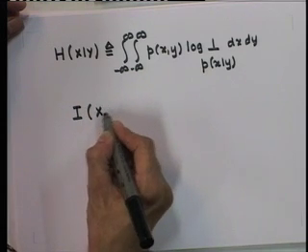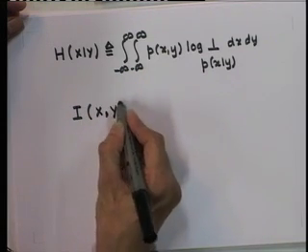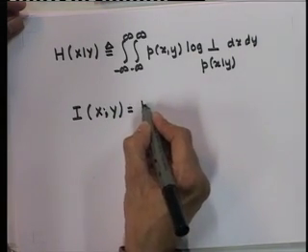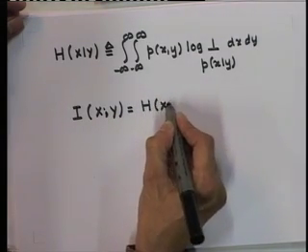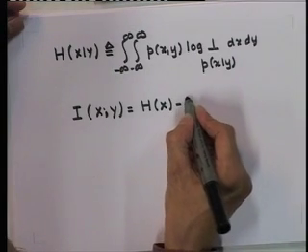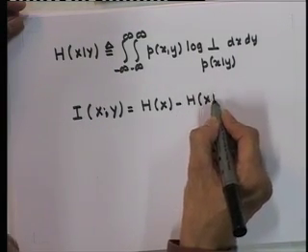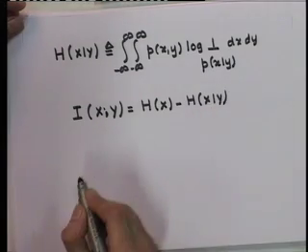Using this definition we can write the mutual information between the random variables x and y as the differential entropy minus the equivocation of the random variable x with respect to y.